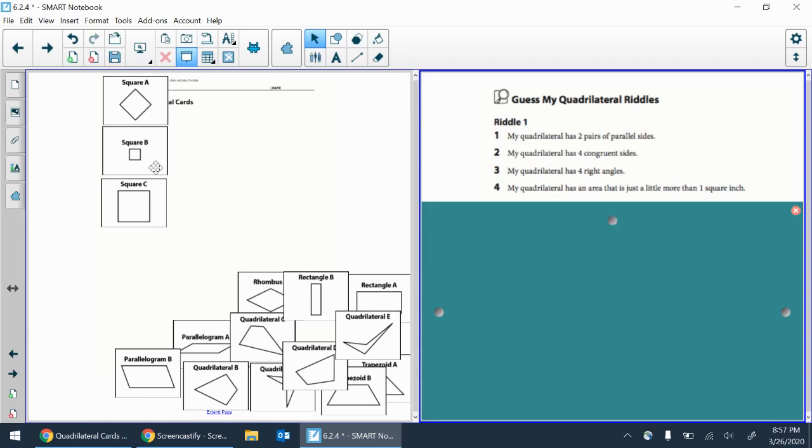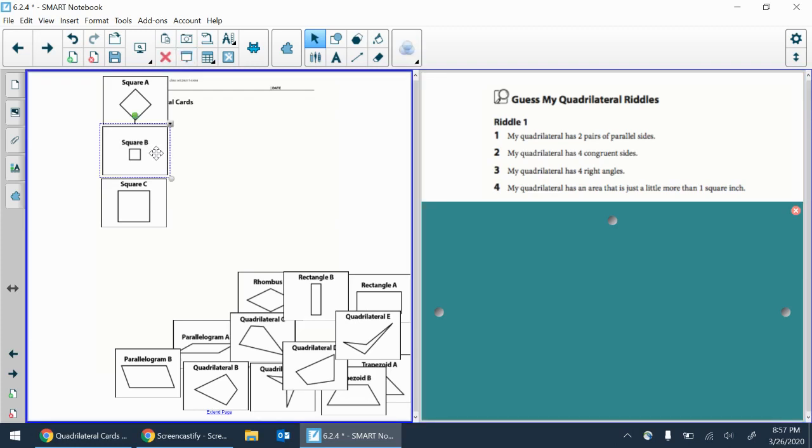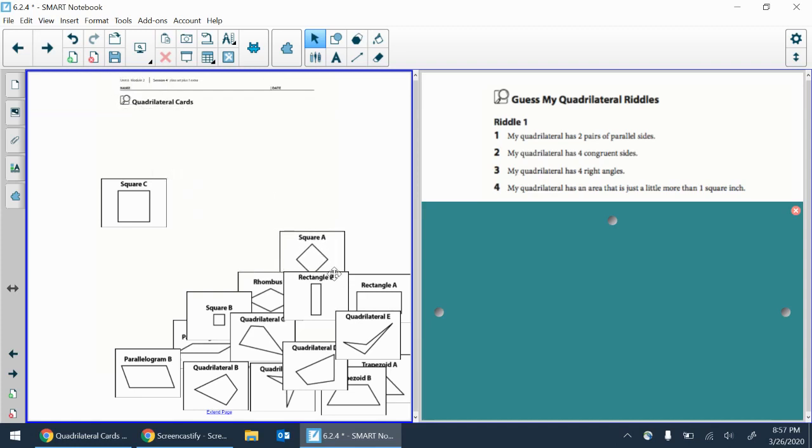So when I look at these, I know this one is way too small for an inch. That means that each side has to be an inch long. I know that that is not right. These are pretty close, but again, when I look at this one, I think that it's too small for an inch.